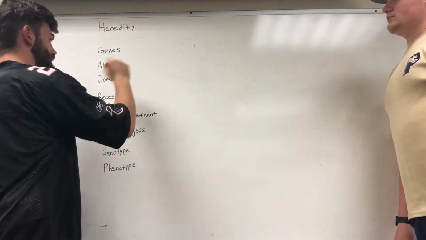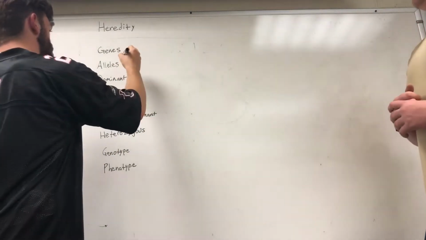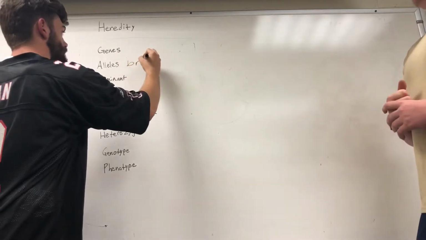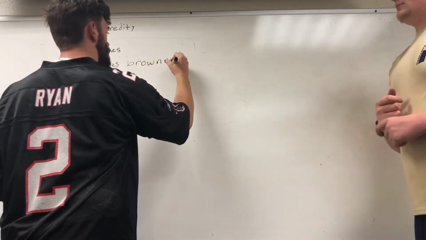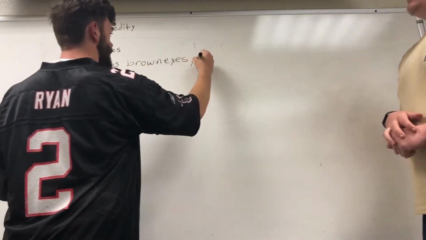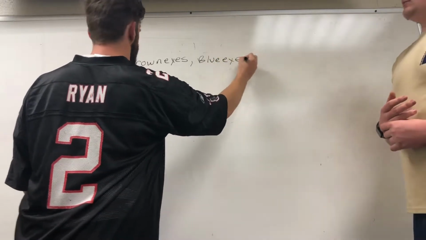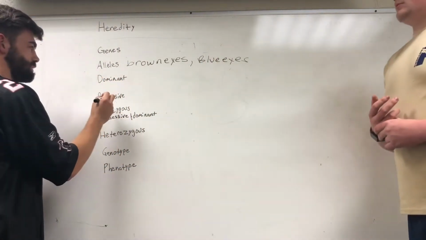So alleles would be, say, brown eyes over blue eyes. So that would be brown eyes and blue eyes. There's two different types of alleles: there's dominant and then there's recessive.